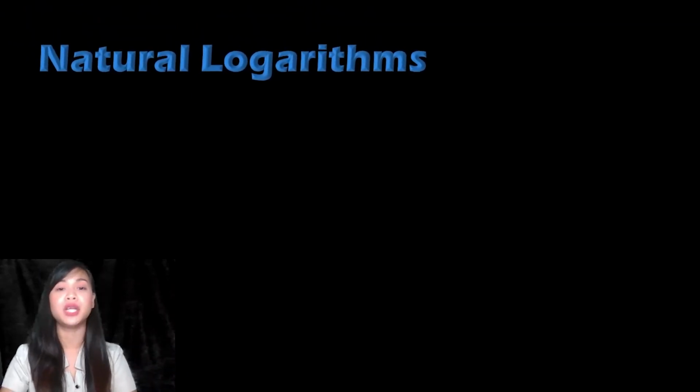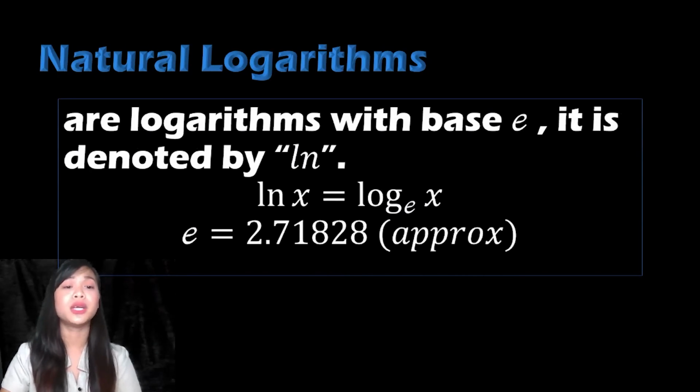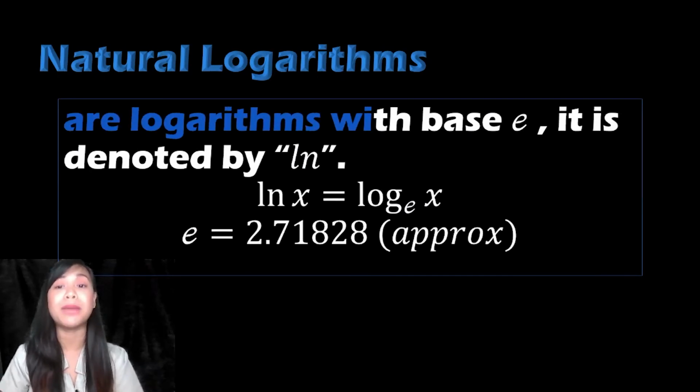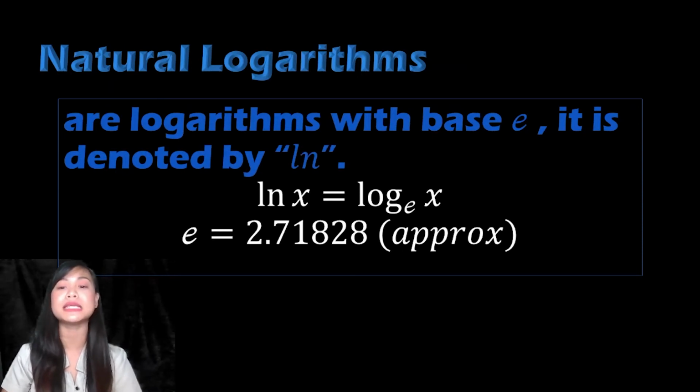Another, we have the natural logarithms. What are these? These are logarithms with base e. It is denoted by ln. What is this e? Your e is approximately 2.71828.